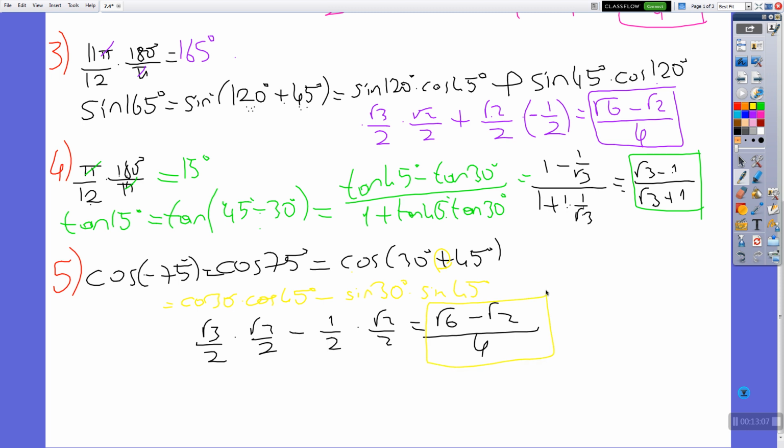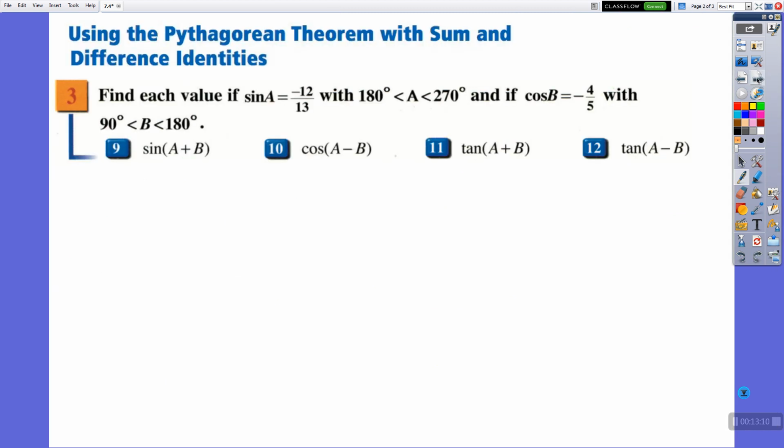This is the first part of the section. The other part, using the Pythagorean theorem with sum and difference identities, is also very important. You are given sine of A in the given interval. You are given cosine of B in the given interval.